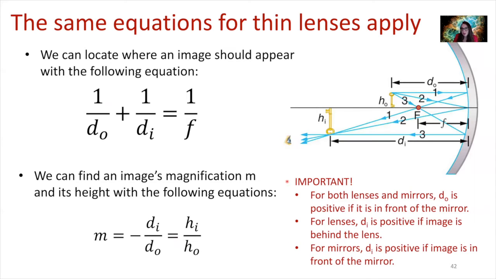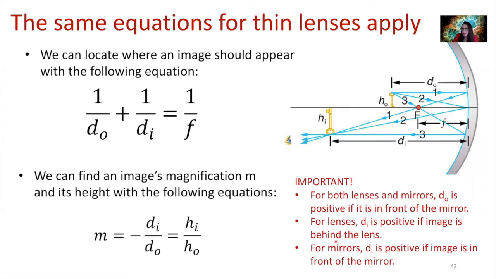Now here is some important information that I've highlighted in red. We have to keep track of the conventions that we use for thin lenses and mirrors because they're not always the same. So for both lenses and mirrors, do, the distance to the object, is positive if that object is in front of the mirror or lens. For lenses, di, the distance the image is from the lens, is positive if the image appears behind the lens.